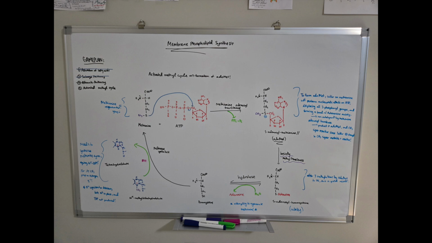But you do need B12 in order to get from N5-methyltetrahydrofolate to tetrahydrofolate, which is very important for a lot of other things, like the degradation of amino acids, such as producing urea.